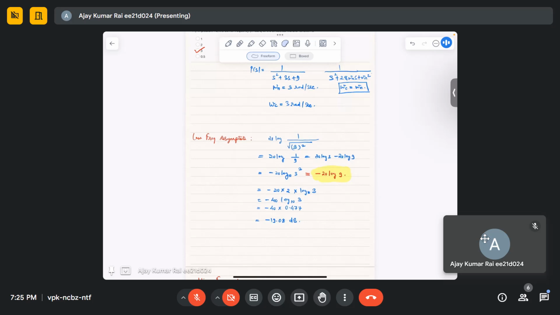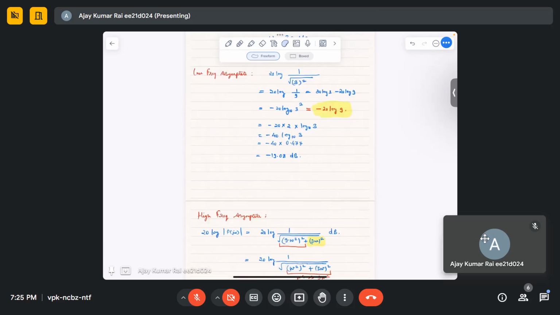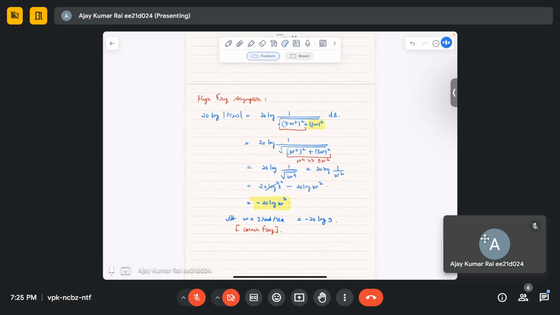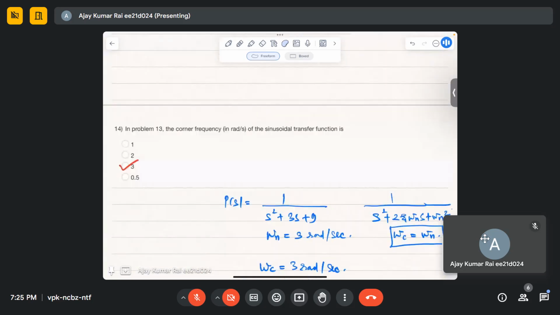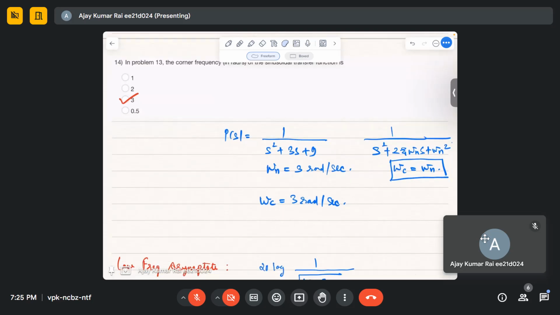This is the magnitude. If we compare these two magnitudes, you'll get the corner frequency, which is coming out to be 3 radian per second.